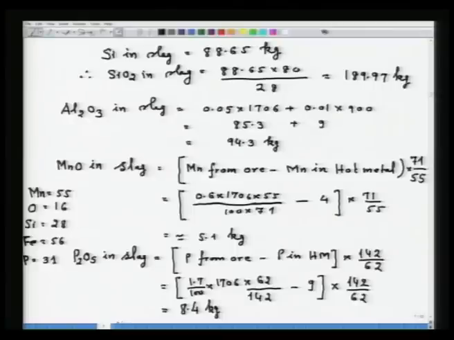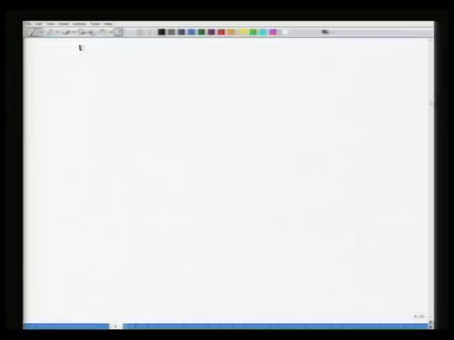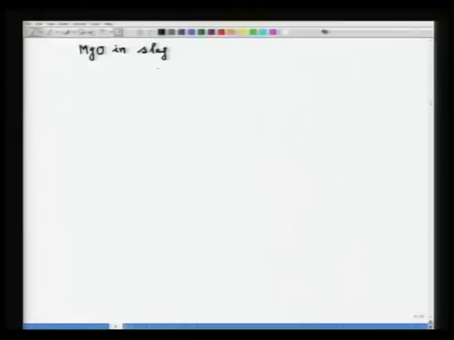Now, similarly, we have to calculate MgO in slag, because MgO is entering through iron ore. So, all MgO will enter into the slag. MgO in slag will be equal to MgO in iron ore, plus there is another source of MgO, that is MgO from flux.